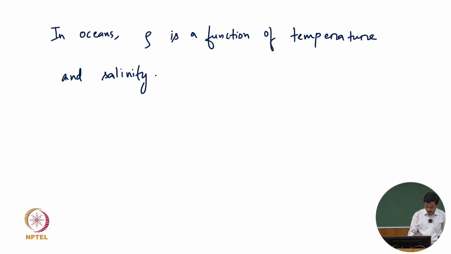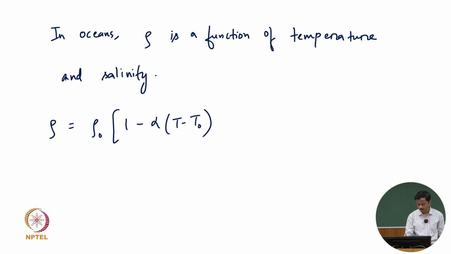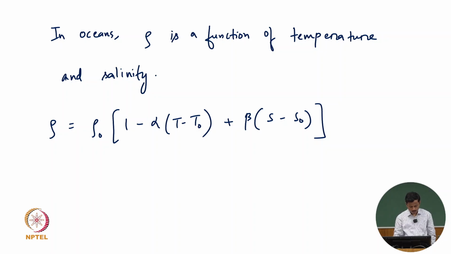So we can write the density as a function of temperature and salinity, something like this: rho equals rho naught times 1 minus alpha (T minus T naught) plus beta (S minus S naught), where rho naught is a reference density, T naught is a reference temperature, and S naught is a reference salinity. As you can see, this is a linear relationship between all three quantities.